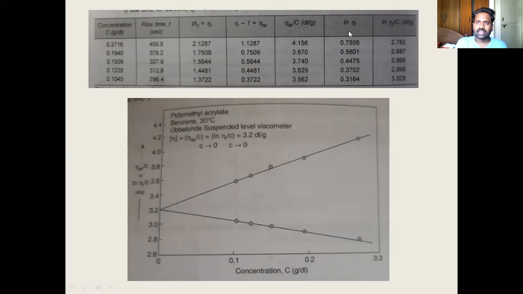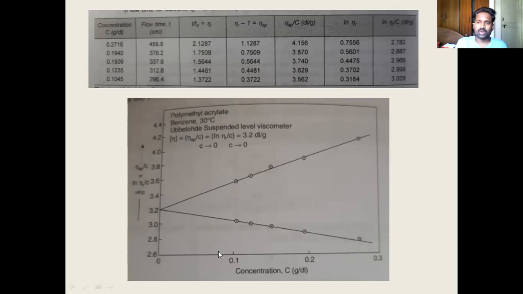Now, intrinsic viscosity is calculated using this formula: specific viscosity divided by concentration. Now you have specific viscosity divided by concentration terms. That will be your intrinsic viscosity. Now convert that intrinsic viscosity into logarithmic function, ln intrinsic viscosity. You have this. You can also do ln eta divided by c. And all these values now are plotted against the concentration, of course.